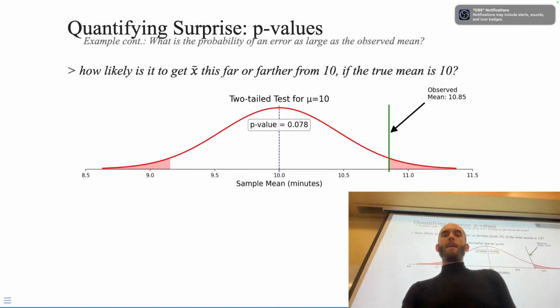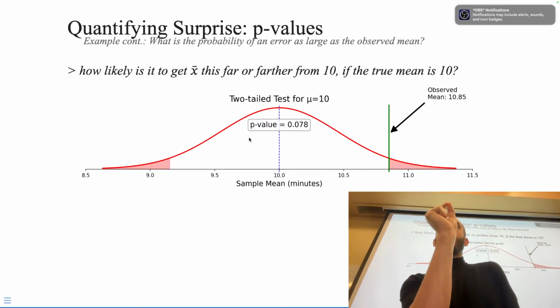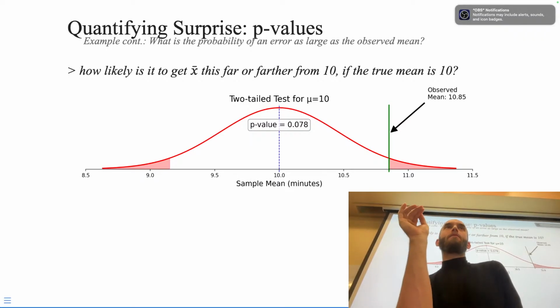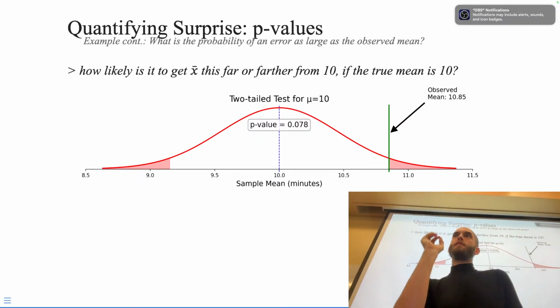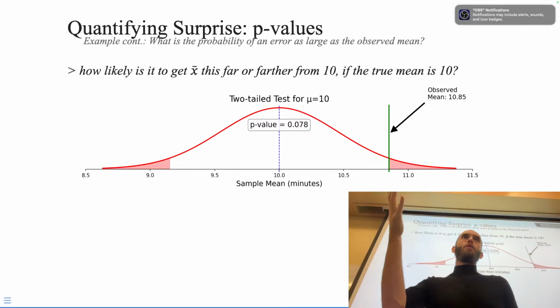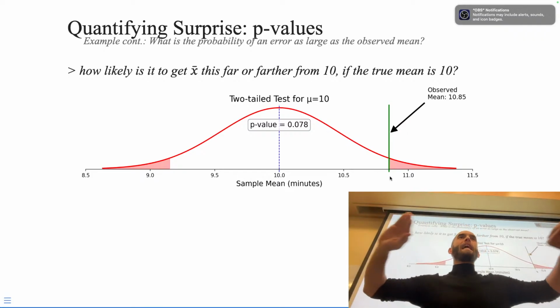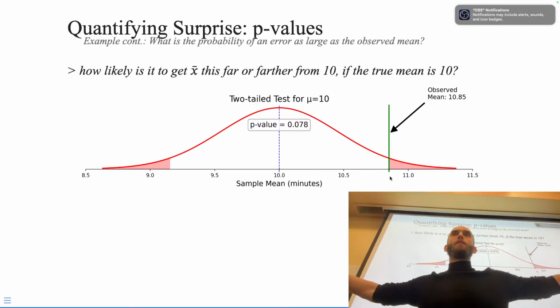So what we're saying here is we want to find the area under the sampling distribution. And remember, this is a t distribution because we don't know sigma. So this is a t distribution centered on our best guess, or our null hypothesis of 10. Then we use our sample mean in green, and look at the area under this t distribution that we've constructed.